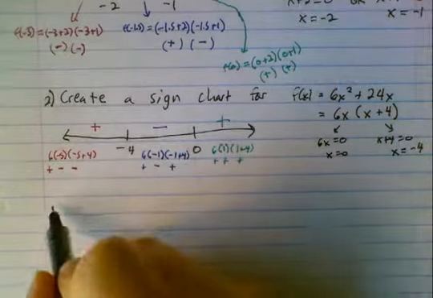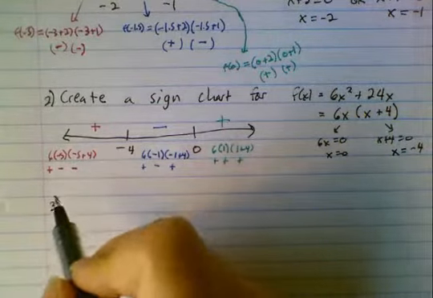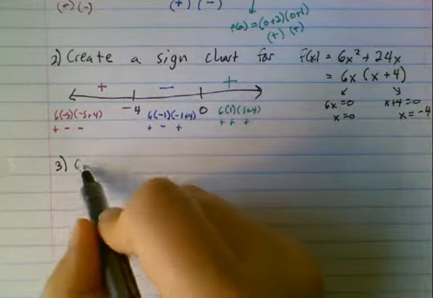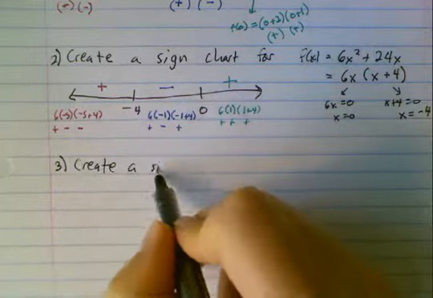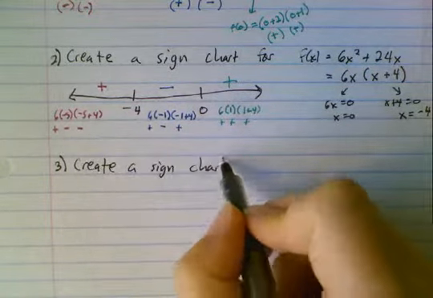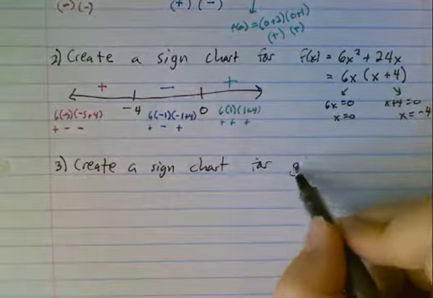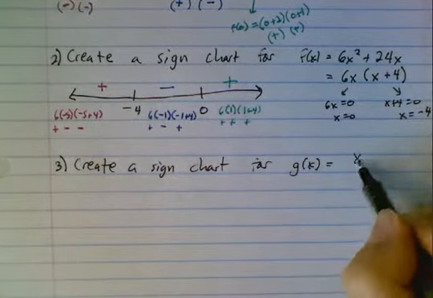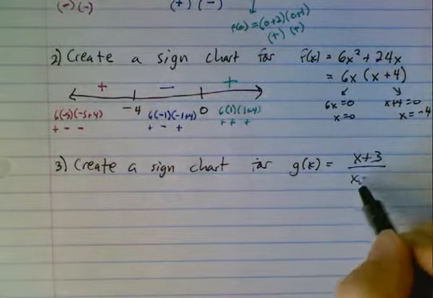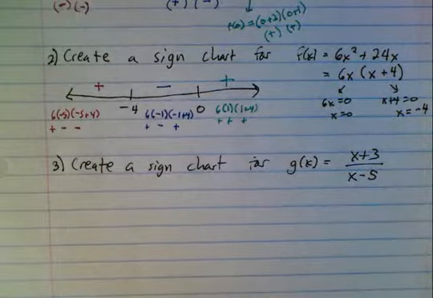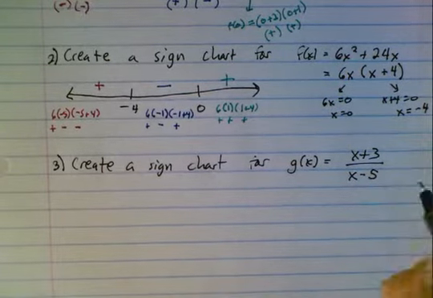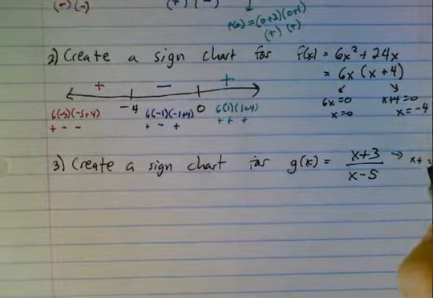Okay, for our next one, let's create a sign chart for g of x equals x plus 3 over x minus 5. Now the key thing here is that we are interested both in zeros and in undefined values.